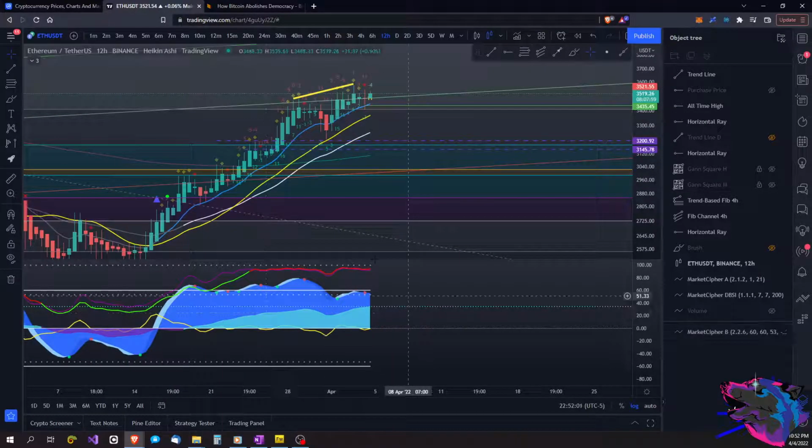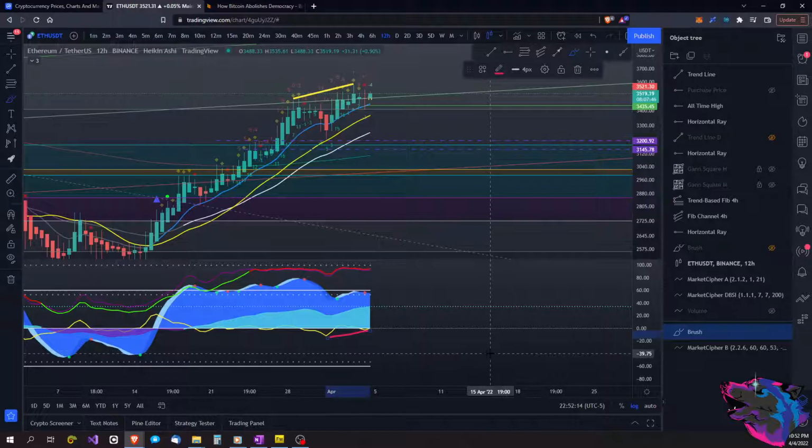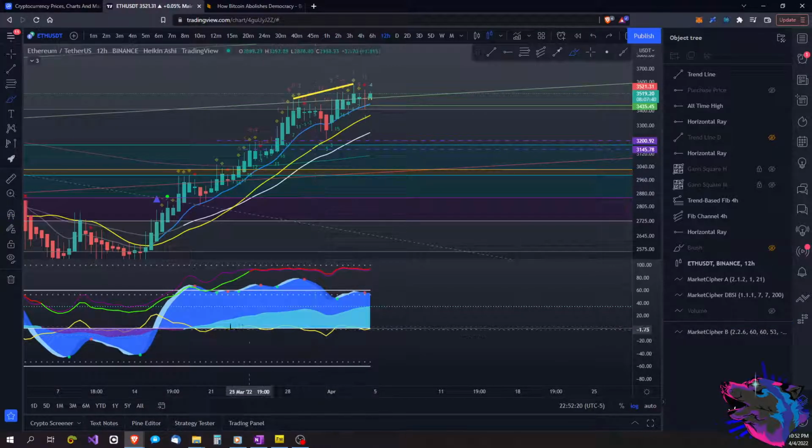Which is what has me wondering what we're going to do here. Because obviously RSIs are still super strong, hanging out up top. It's not a divergence, just keep in mind, but there's an uptrend going here on the VWAP. But it's been weak to the upside.